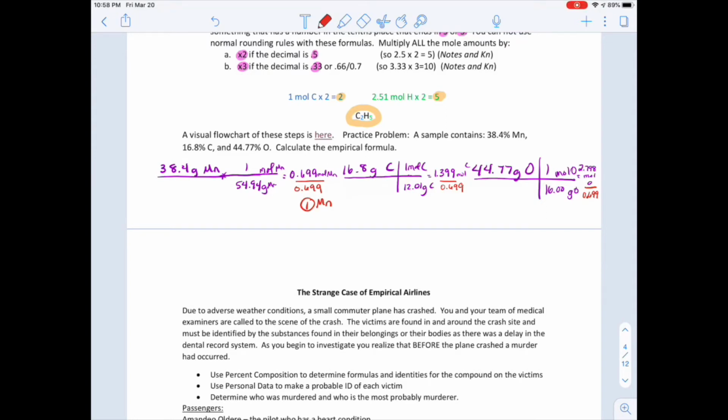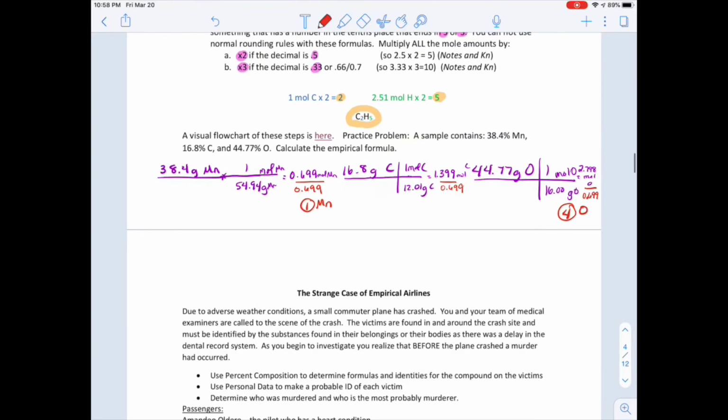Actually, I've already got the other number in my calculator, so I'm going to do that one next. And this gives me 4.003, so that one's a really solid 4. And then 1.399 divided by 0.699, and I get 2.001. So that's definitely a solid 2.